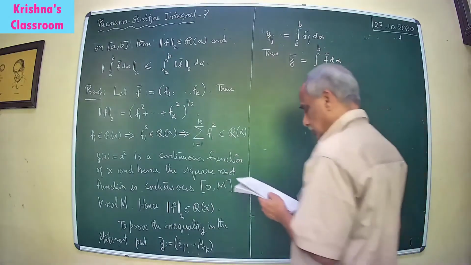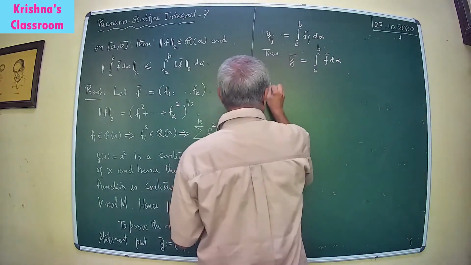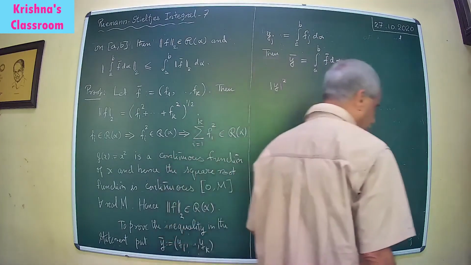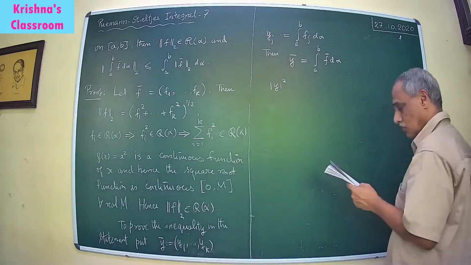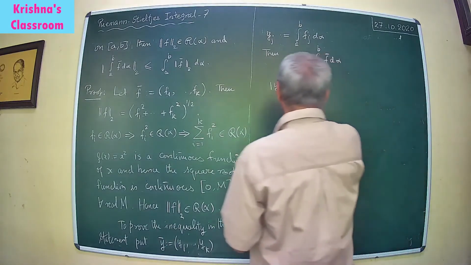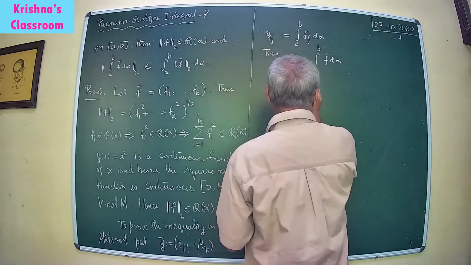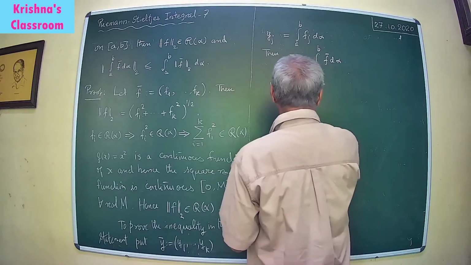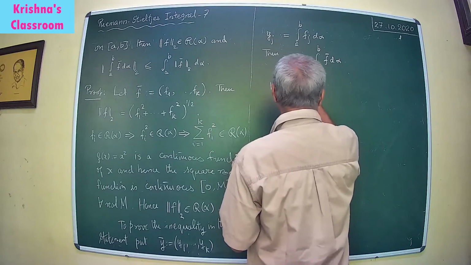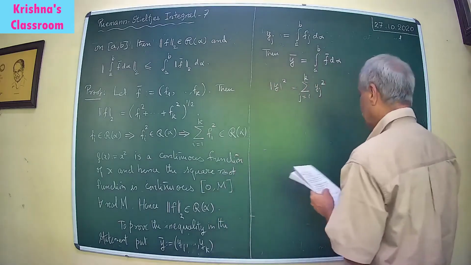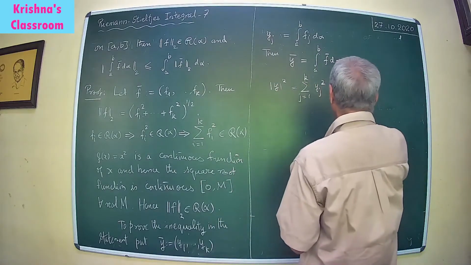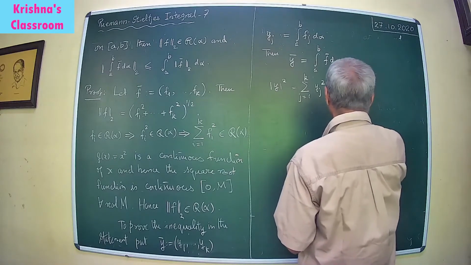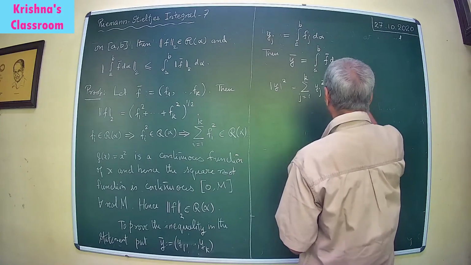Now let us work out this. We work out mod y square. Mod y square is essentially y1 square plus and so on. Now this I rewrite in the following form: sigma j equal to 1 to k.